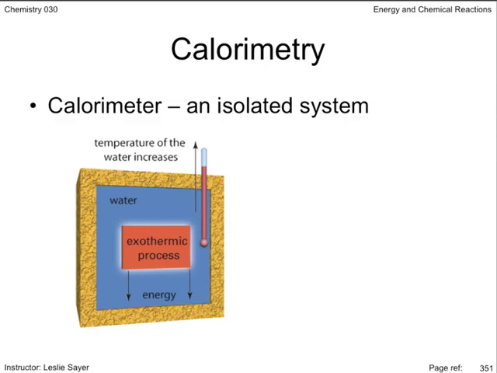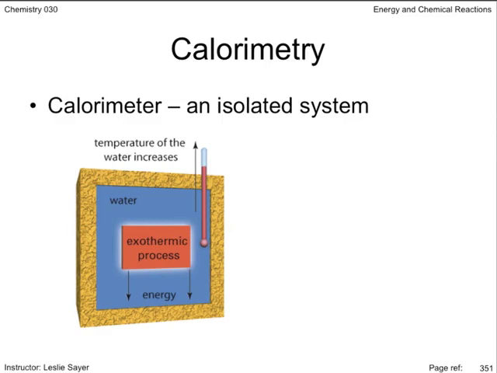The idea is, as a chemical reaction proceeds in the water and energy is released, the water absorbs that energy, increasing its temperature. Assuming a negligible energy exchange between the walls of the calorimeter and the outside, the temperature change registering on the thermometer is a measure of the change in kinetic energy of the water molecules.